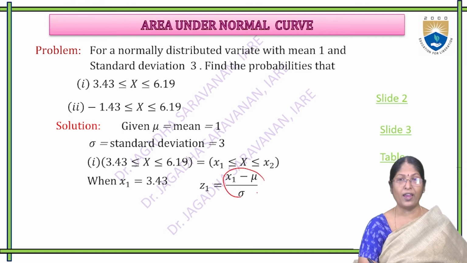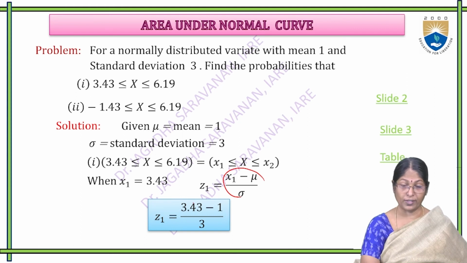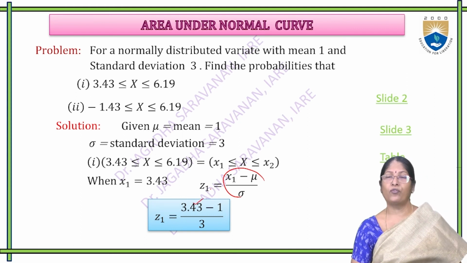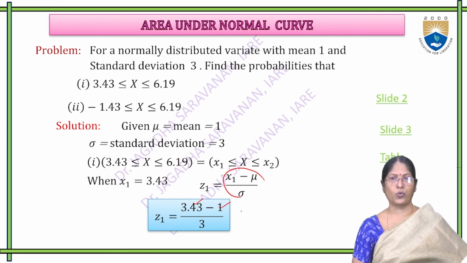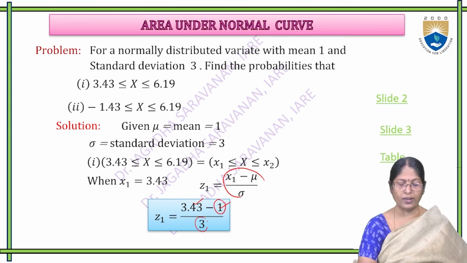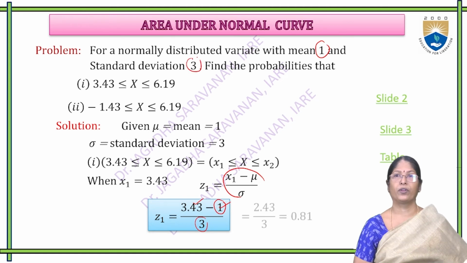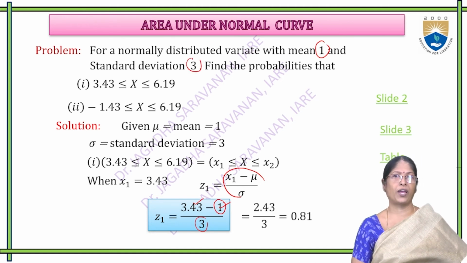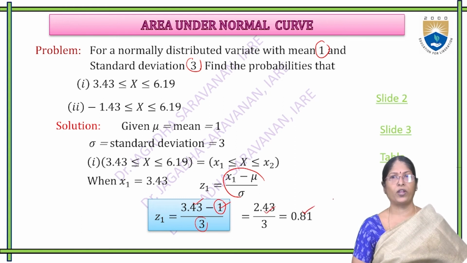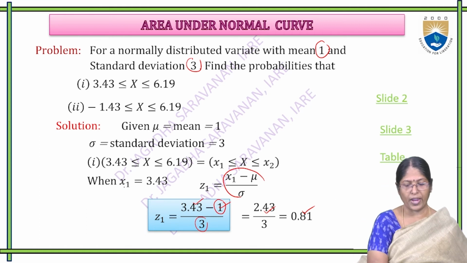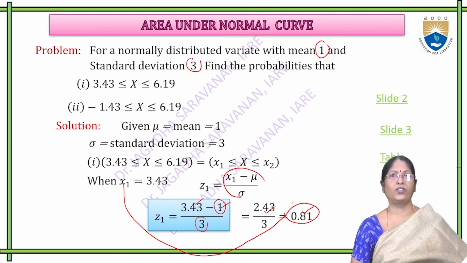So the change of scale: x1 minus mu by sigma, we substitute 3.43 minus 1, the complete divided by 3. This 1 and 3 are given in our equation itself. So in the calculation we obtain 2.43 divided by 3, which is nothing but 0.81. So x1 is converted into z1, that is 0.81.